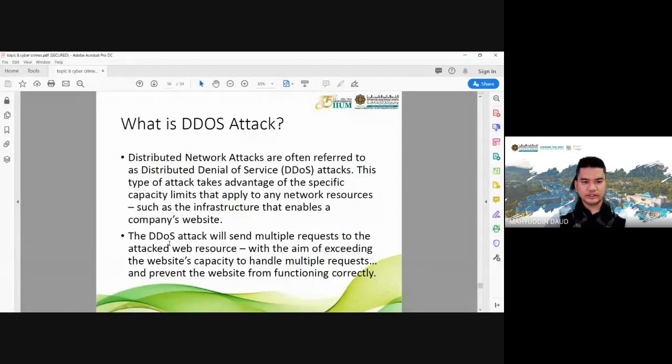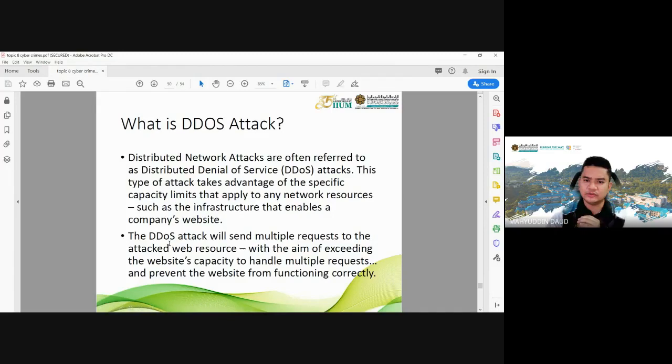So what is denial of service attacks? This is quite technical. This is like cyber warfare. So this is basically a cyber attack that is done to cripple or to disable the good performance of a network.